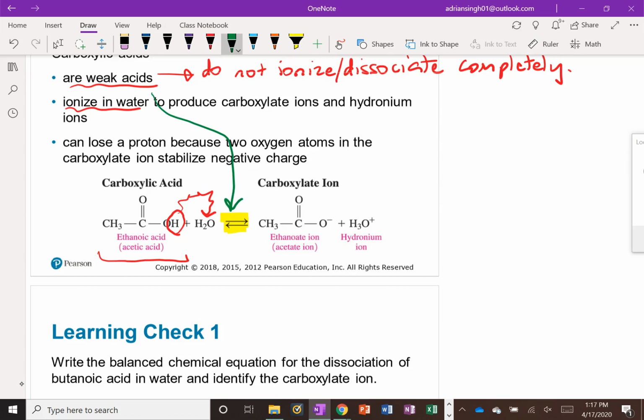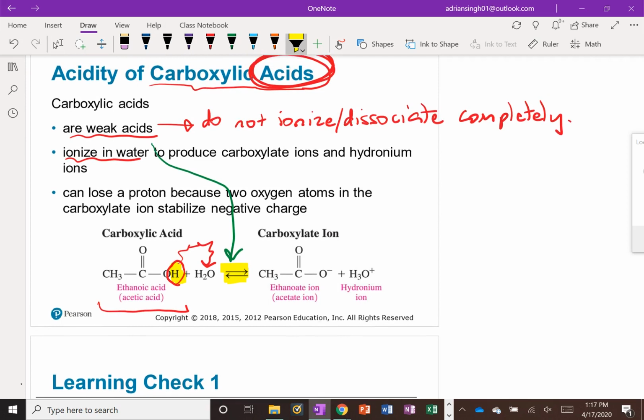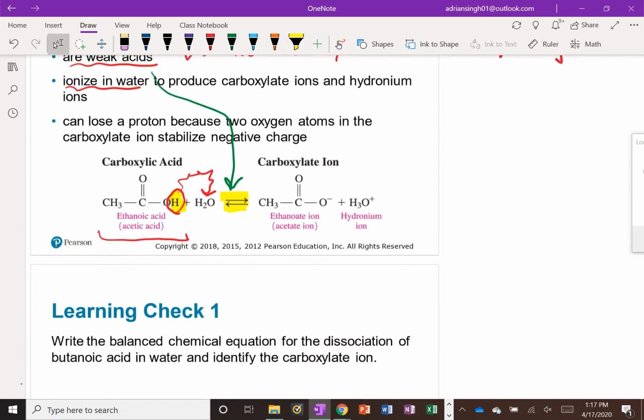So if we take away an H+ from our carboxylic acid, we're going to end up with an anion, something with a negative charge, and we call that the carboxylate ion. That's a general name for it, and specifically the ethanoic acid becomes ethanoate. Right, so this -ate ending here tells us that we actually have an ion present instead of the neutral molecule.